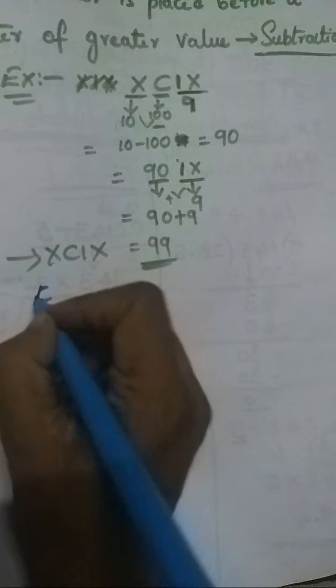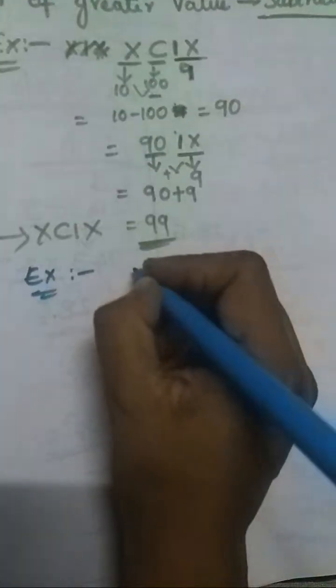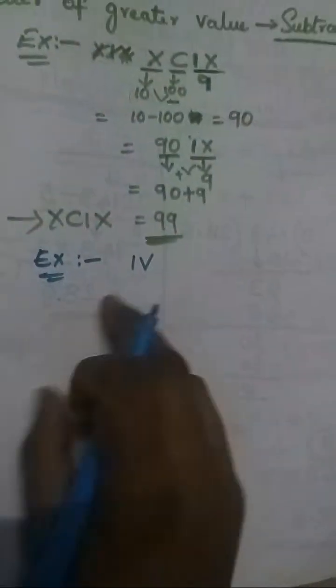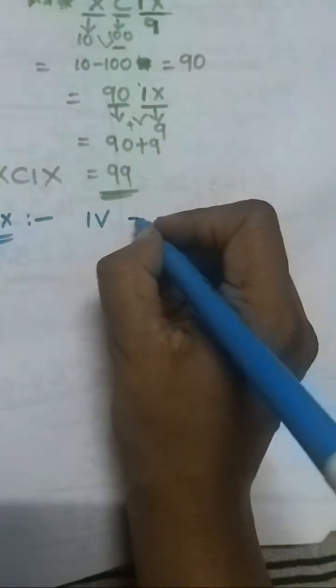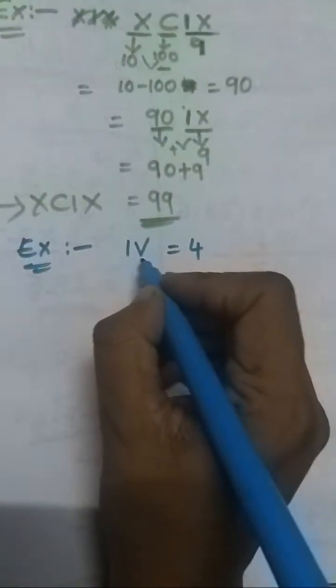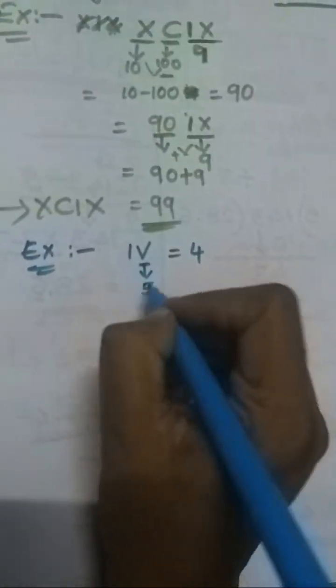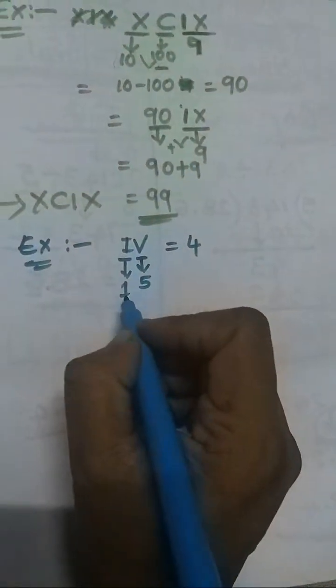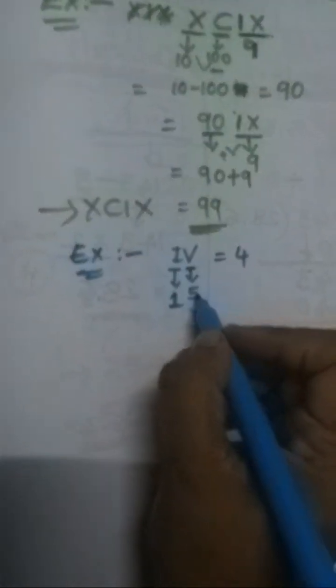Okay, a simple example I am showing here. Another example, IV. We already know the value of this is 4. Okay, but how we get this 4 we don't know. See here, this is 5 and this is I, means 1. Okay, what we have from the rules, we have learned that 1 is smaller than 5.